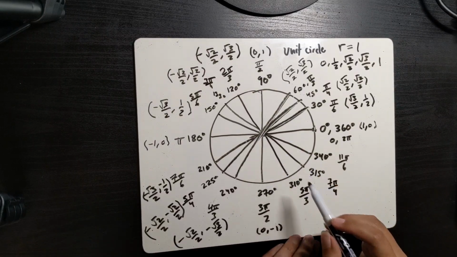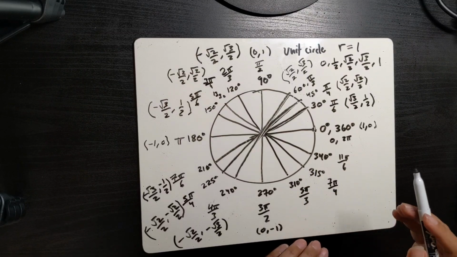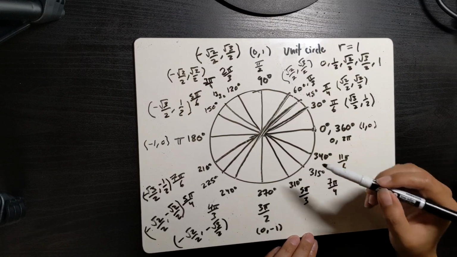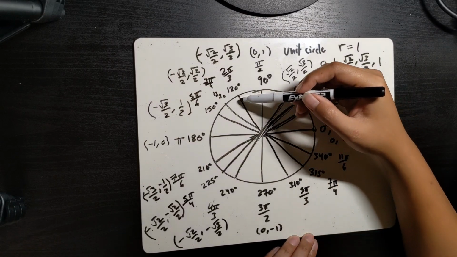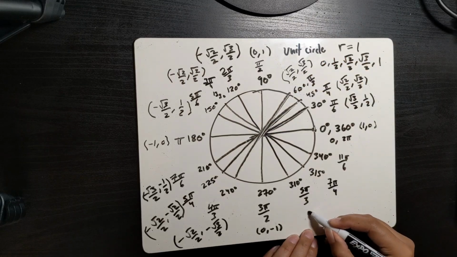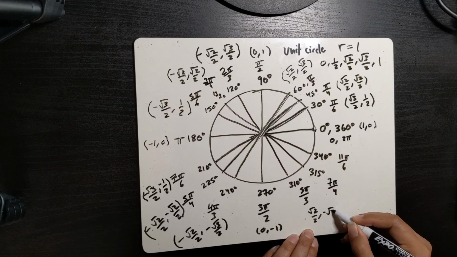And finally, on the fourth quadrant, only the x is positive while the y is negative. So we can trace the 300 to 120. We get a positive x, a negative y.